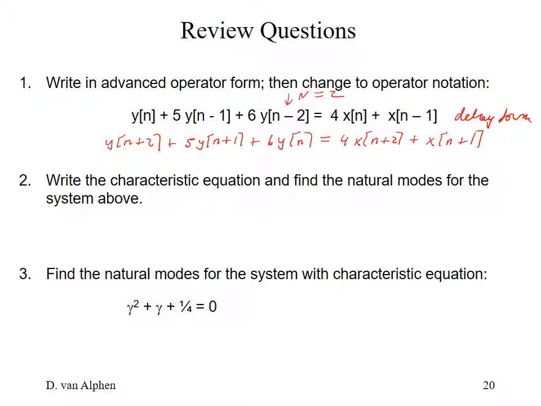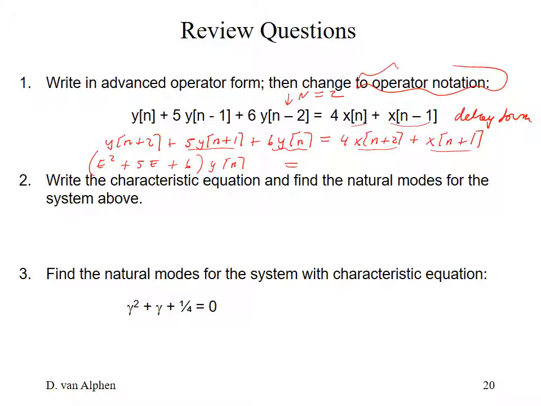Let me just double check that. Okay, y of n became y of n plus 2, y of n minus 1 became y of n plus 1, y of n minus 2 became y of n, x of n became x of n plus 2, x of n minus 1 became x of n plus 1. Okay, that looks good. So now we have to go to the operator notation. So this would be E squared plus 5E for this term, plus 6, no operator for that last term, all acting on y of n.